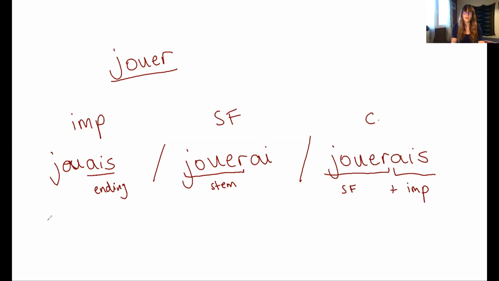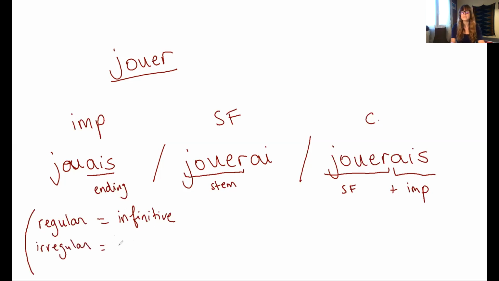So if you have a regular verb, the stem is going to be the infinitive. So remember, for the simple future, the stem, if the verb is regular, is the infinitive. And then if the verb is irregular, you're going to put the same irregular stem as for the simple future.